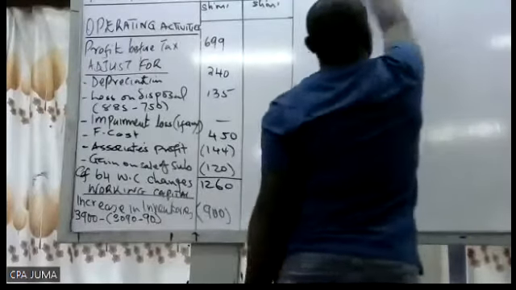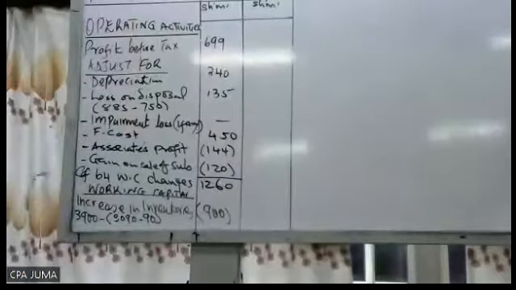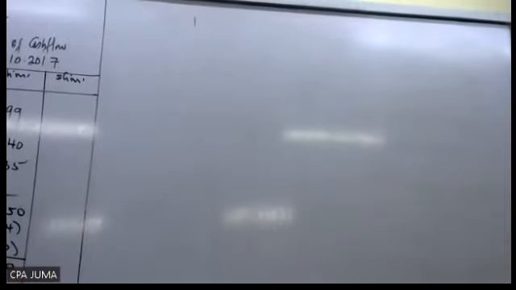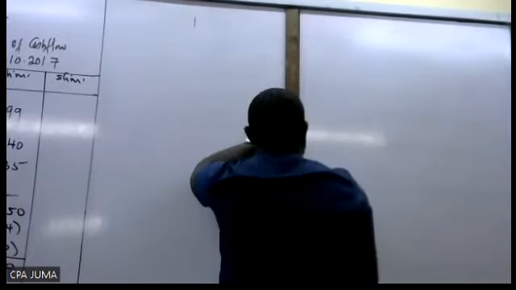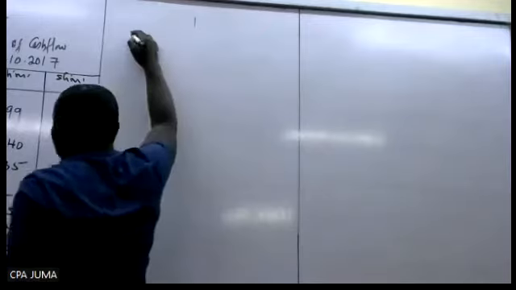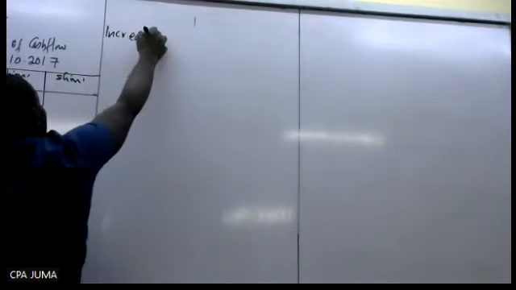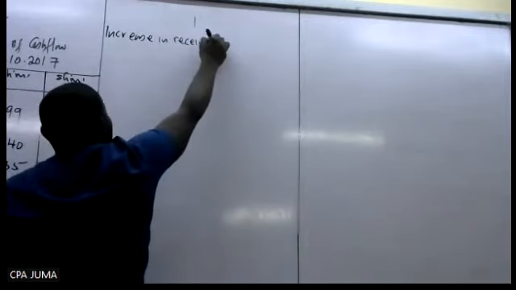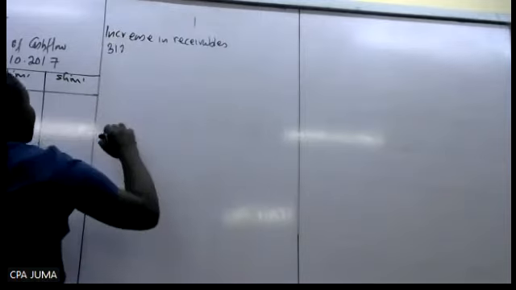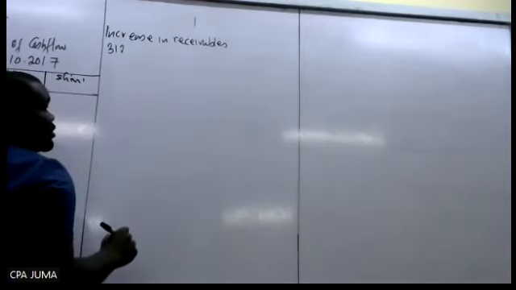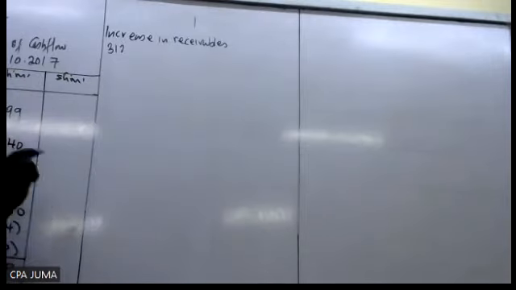What is my 185 or 135? Receivables increased to 3120. We started with 3120. Then disposal, we went with 135. Now the one with 185, we closed the capital with 170.